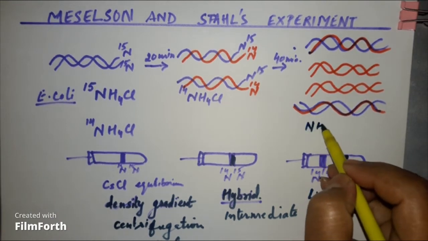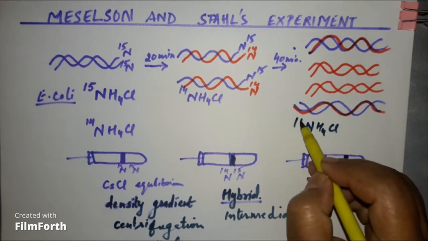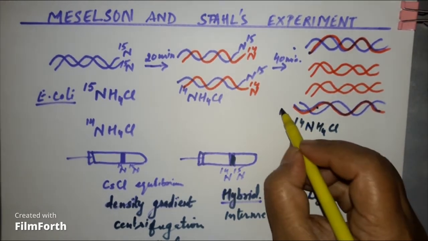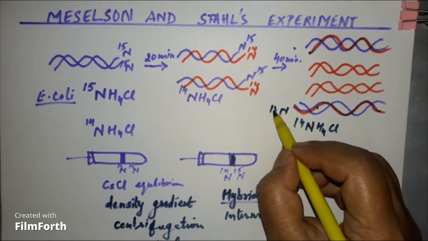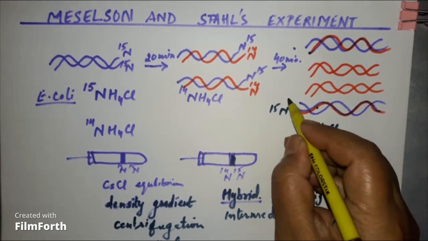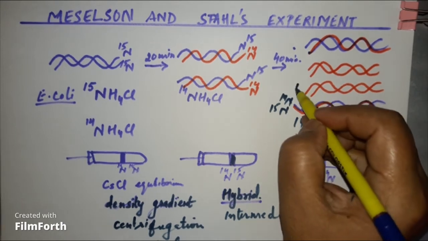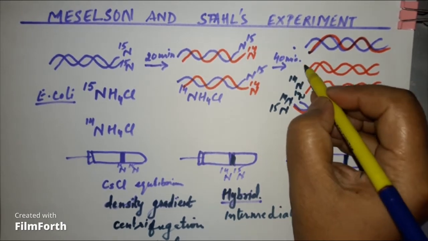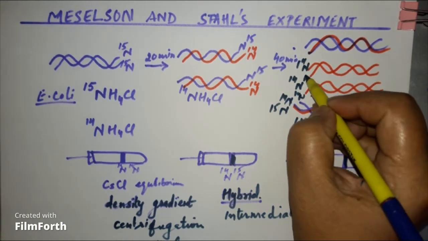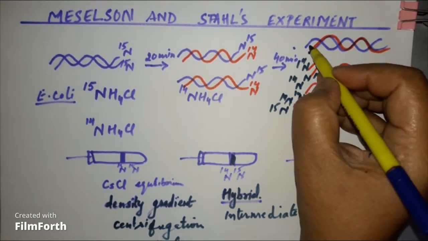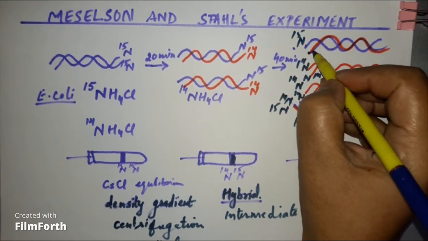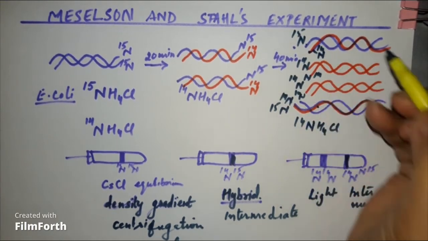So here the medium is the same, so they will use that medium only. So these are N14 and N15 type both, and these are both N14 type. Again this is N15 and this new is N14.